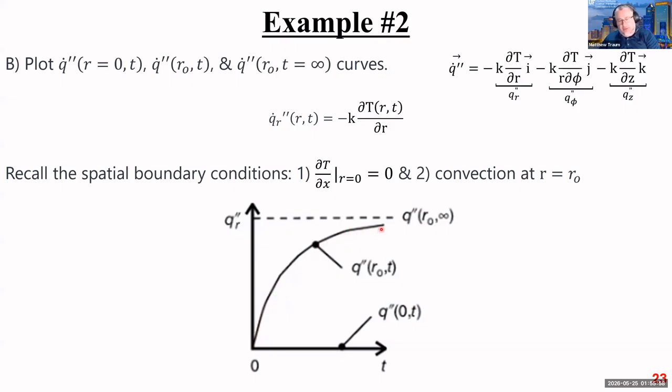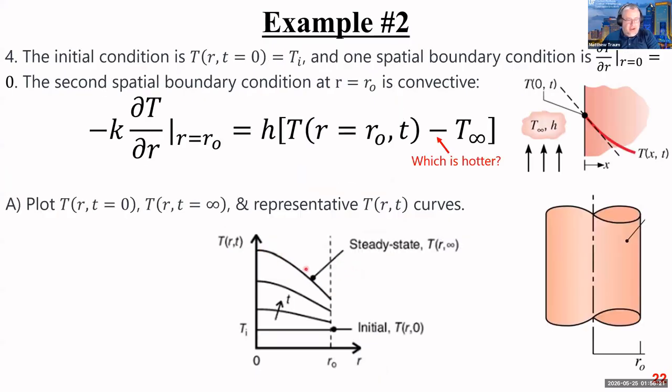What's the asymptotic value? Well, the asymptotic value is when time is equal to infinity. And when time is equal to infinity, it's just a constant value, right? So, in other words, the wire has reached, let's go back, it's reached steady state here, right?